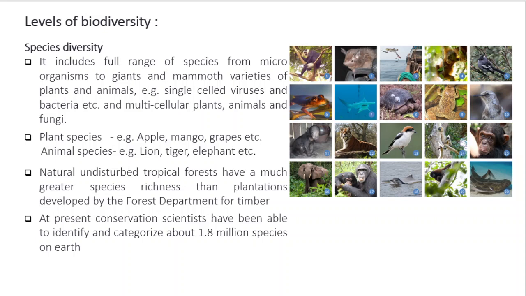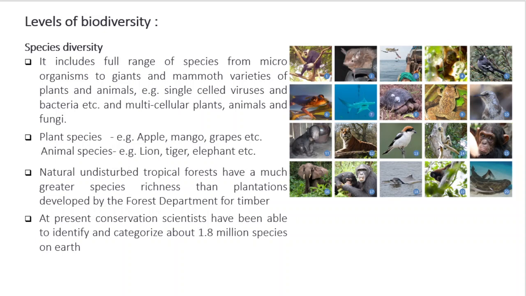It includes the full range of species from microorganisms to giants and mammoth varieties of plants and animals, for example, single-celled virus and bacteria, etc., and multicellular plants, animals, and fungi.